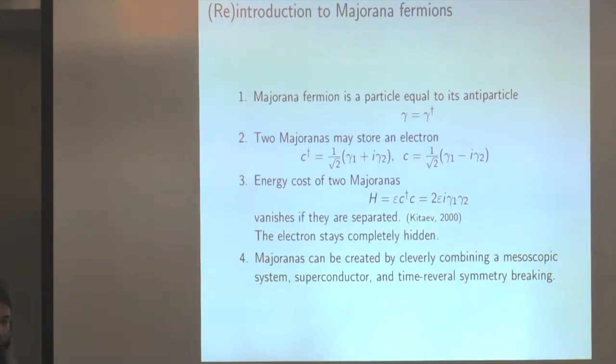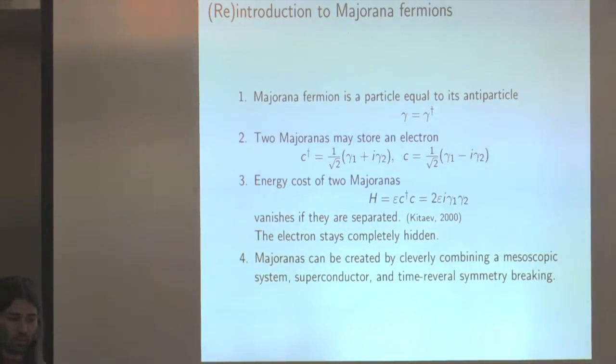But so these are not fermions. They do have an almost fermionic commutation relation, but these are particles that are equal to their own antiparticles, and they square to identity. So this mathematical object allows to define a new kind of particle.